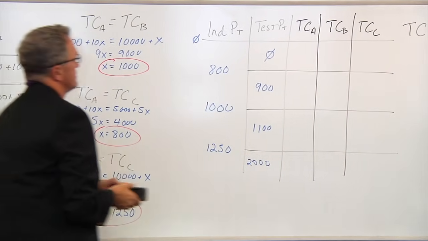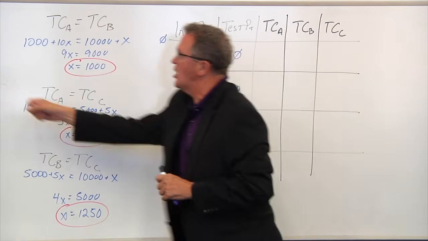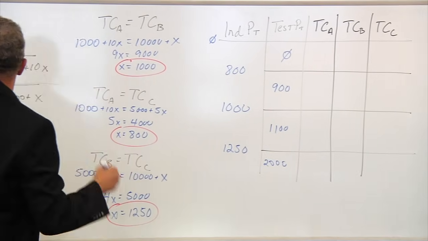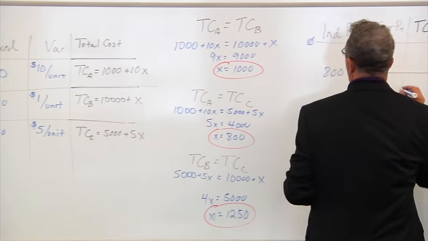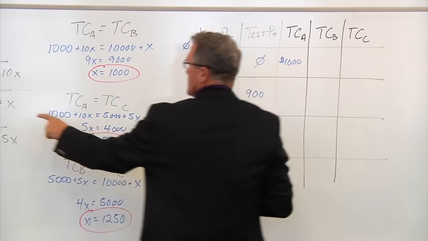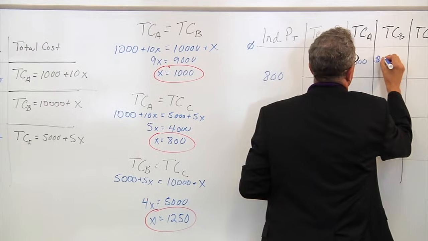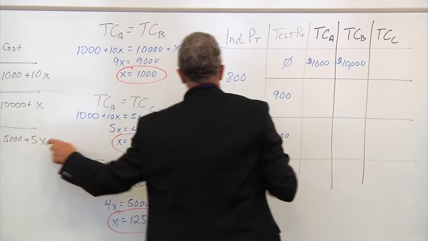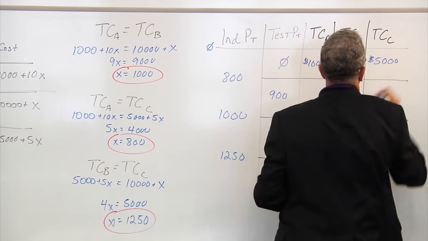And in this case, all we have to do is stick the test points into our original equations to come up with those numbers. So for A, I stick 0 into this equation. 1,000 plus 10 times 0 is $1,000. 10,000 plus 0 is $10,000. 5,000 plus 5 times 0 is $5,000.